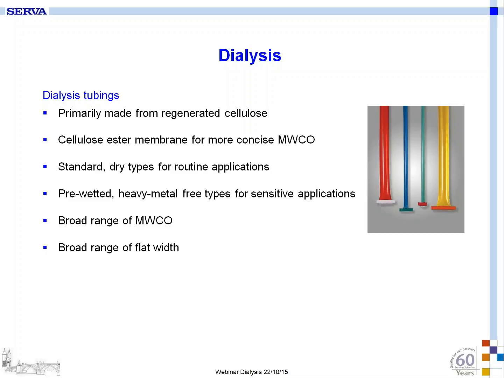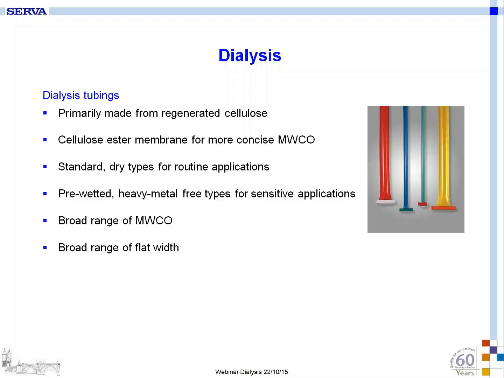But the cellulose ester membranes have the disadvantage that they are not very stable with high temperatures, and they are not stable with strong acids and bases and many solvents. You have your standard dialyzed tubings for routine applications, which are usually provided as dry format types.